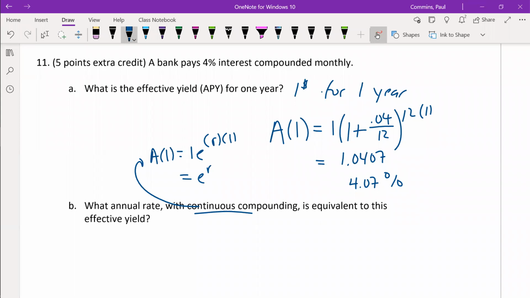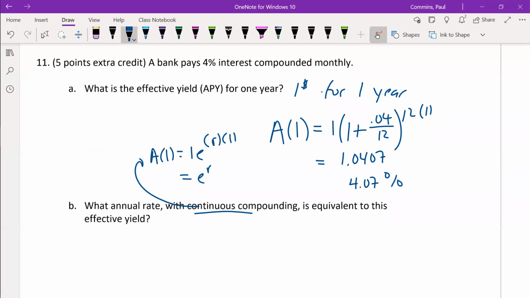It's going to be bigger than the interest rate. You're going to get more than 4% here, right? Because you're compounding continuously. In fact, you'd get even more than 4.07% because compounding continuously gives you more money than compounding annually. So what we have to do is this r is going to have to be smaller than 4% in order to ratchet down the continuous compounding to be equal to the compounding every month.